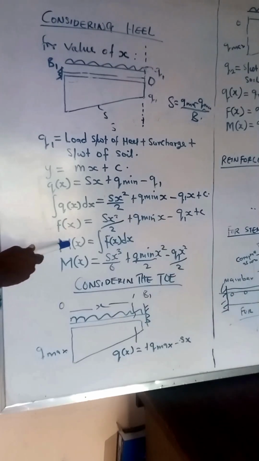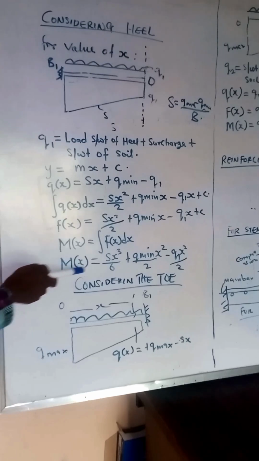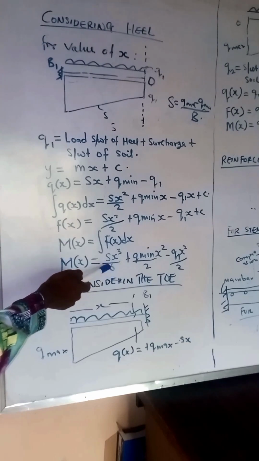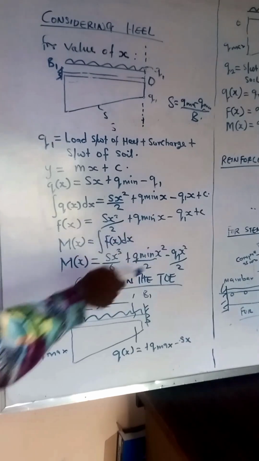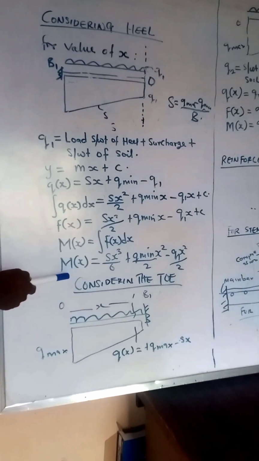So if we work on this moment expression by integrating the shear force expression, we are going to have this as the moment expression: slope times x raised to power 3 over 6, plus Q minimum x squared over 2, minus Q1 x squared over 2. All right. So this gives us the moment expression for this particular heel.